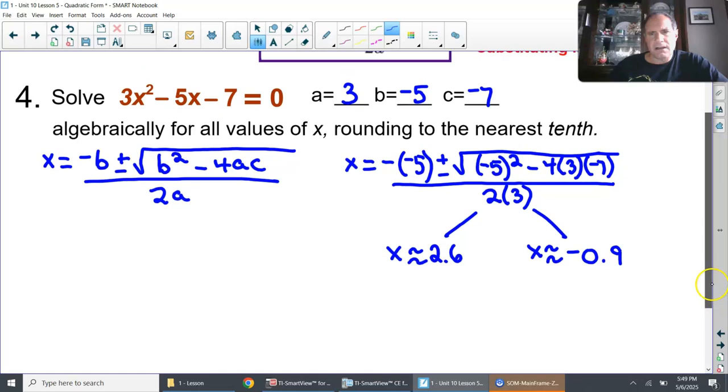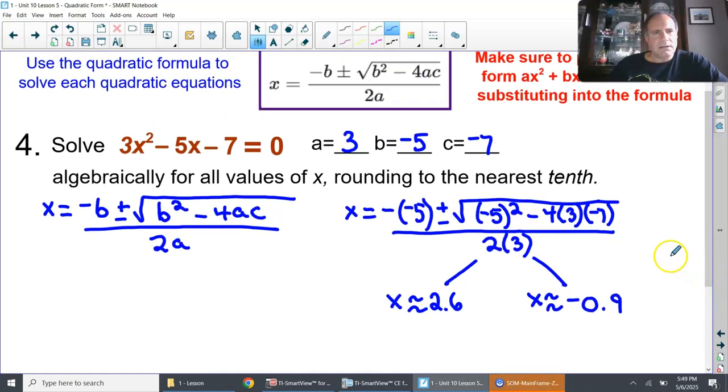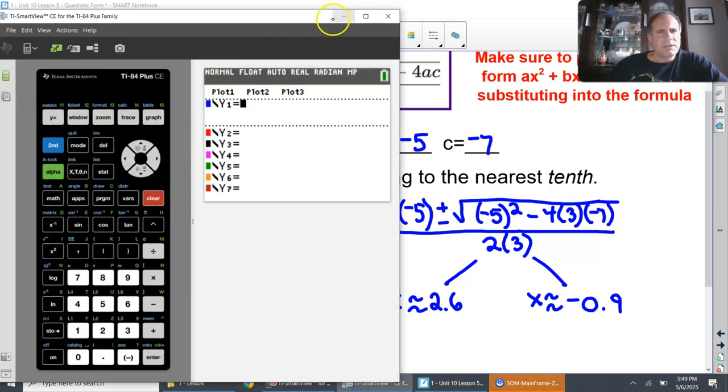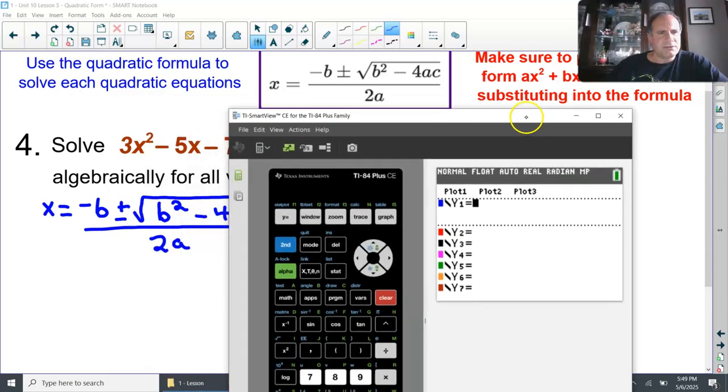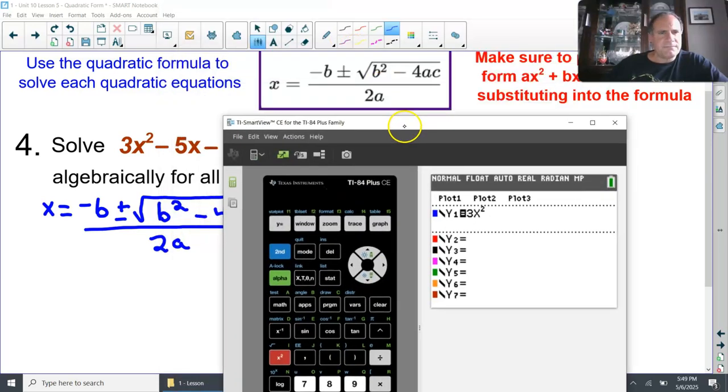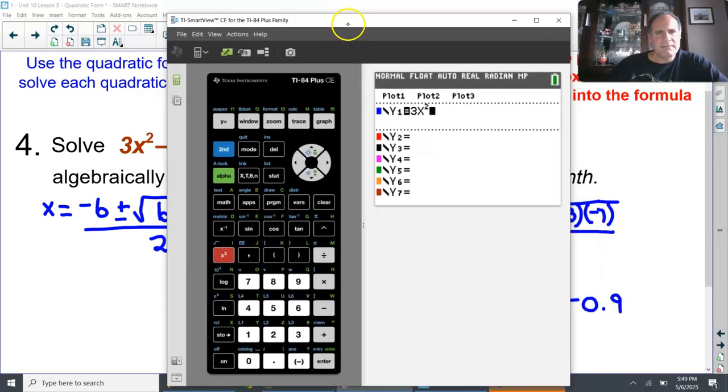By the way, you can put this directly into the calculator. So if I press y equals, and I want to check to see if my answer is correct, that is 3x squared minus 5x minus 7.